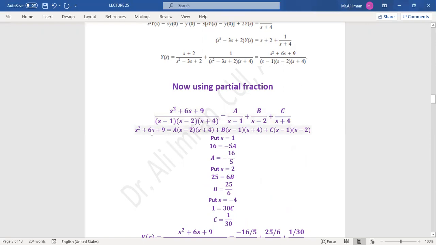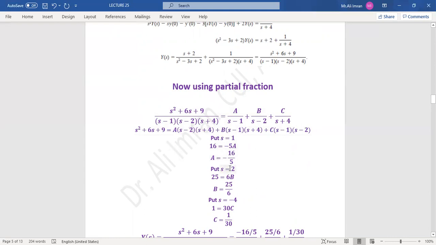If we multiply the denominator of the left hand side with the right hand side terms, we will have s square plus 6s plus 9 is equal to A into s minus 2 into s plus 4 plus B into s minus 1 into s plus 4 plus C into s minus 1 into s minus 2. If we put s is equal to 1, we will get the value of A is equal to minus 16 divided by 5.